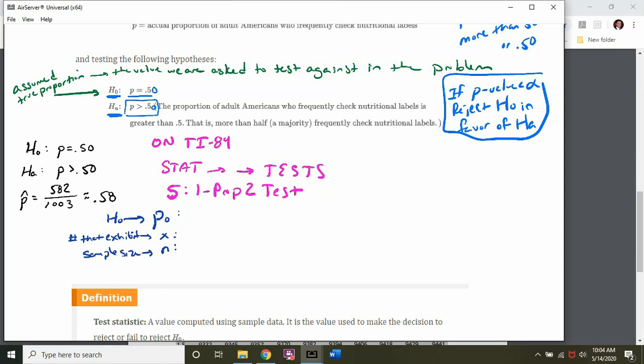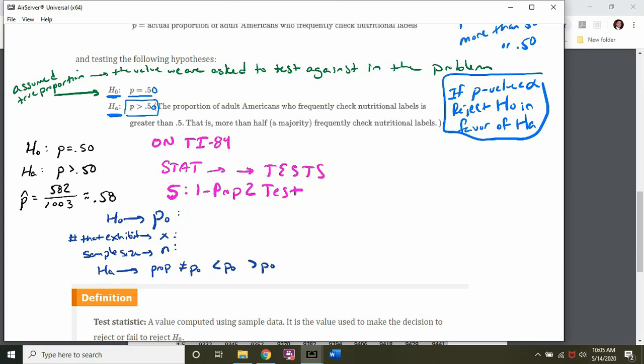Then you're going to see proportion. Basically these are the 3 ways that we can set up our Ha. There's an option to do a not equals p0, a less than p0, a greater than p0.